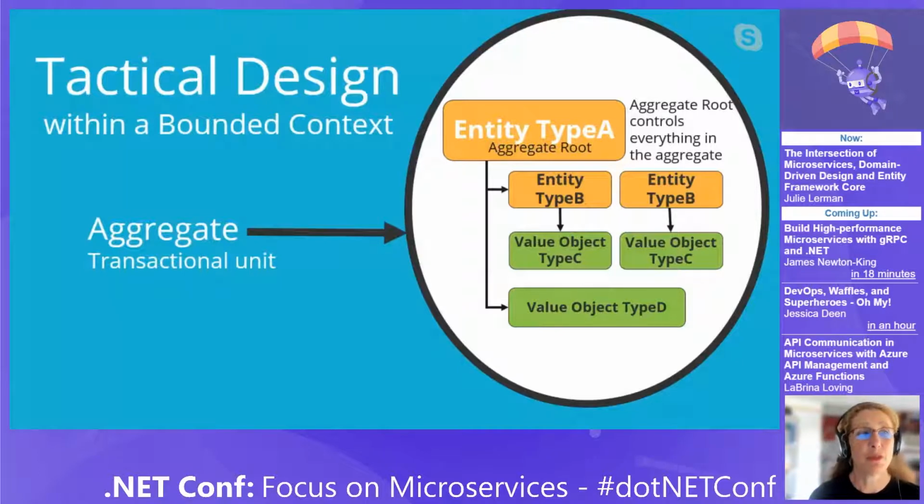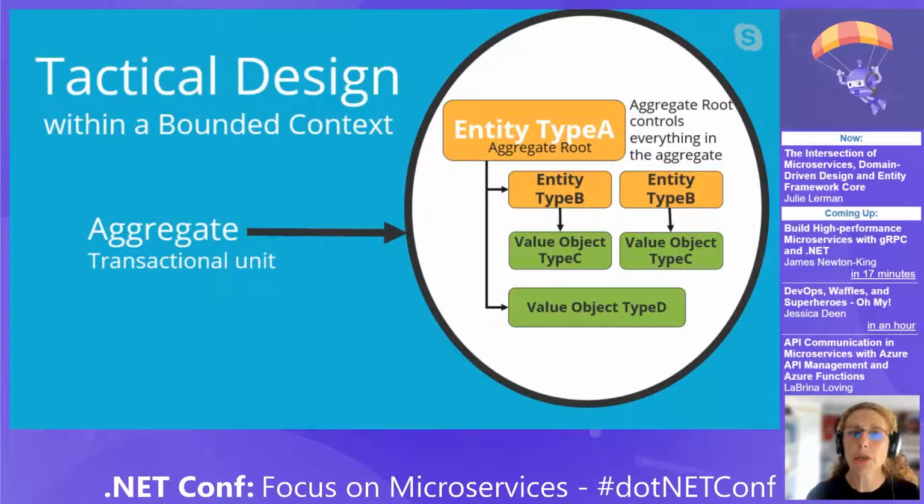So once you've done your strategic design in 2 minutes or less, then it's time to get going on the actual implementation, which is the tactical design. And this is designing what's happening inside each bounded context. So the really critical concept here is that you're going to be working with an aggregate. You're defining aggregates. An aggregate is essentially a transactional unit of different entities that work together. And every aggregate has an aggregate root.